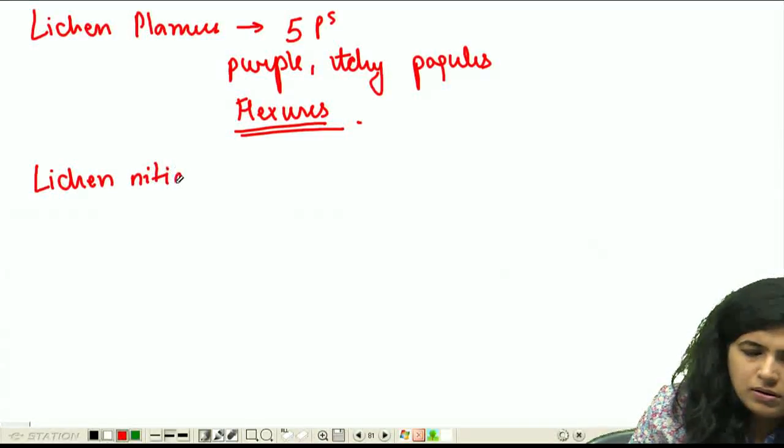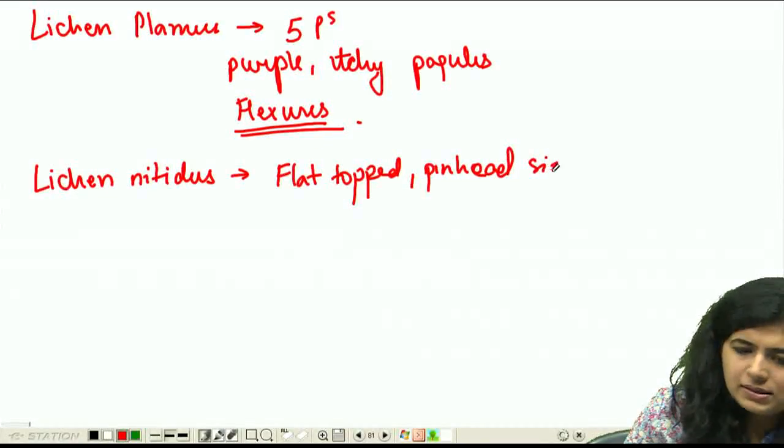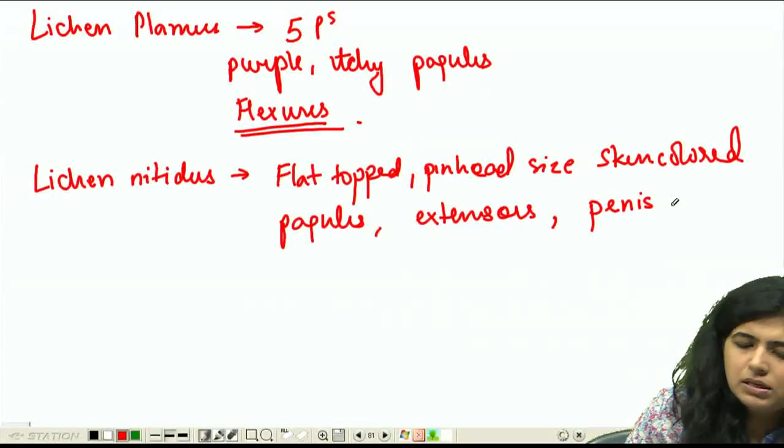Then lichen nitidus. These will be flat-topped, pinhead size, skin-colored papules, mostly on the extensors, and in men on the penile shaft.